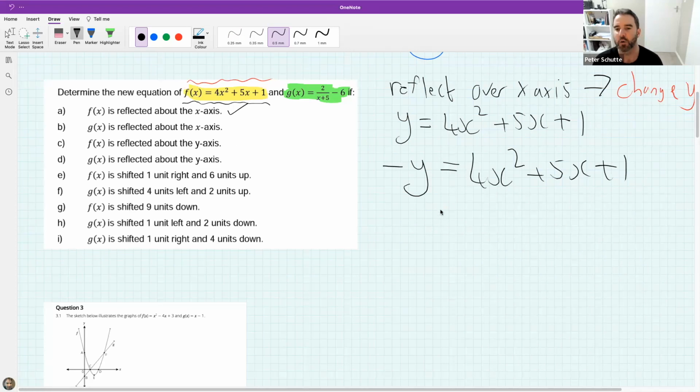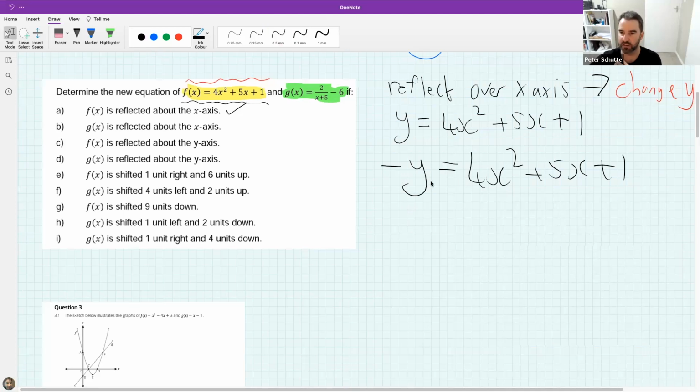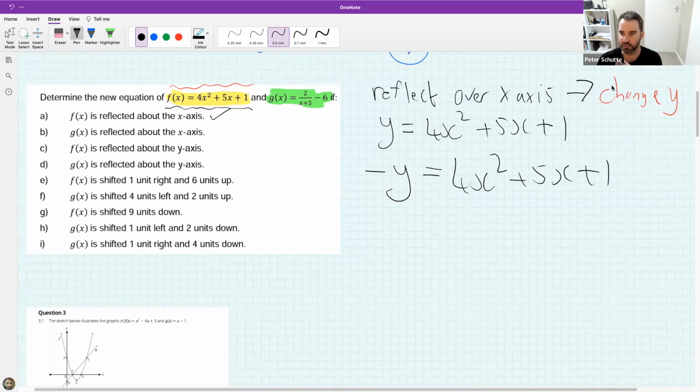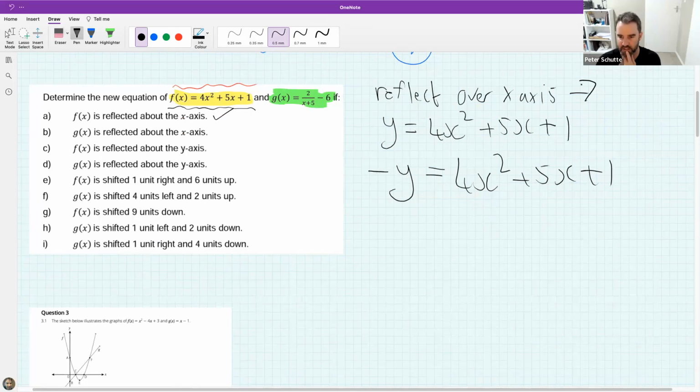But what do we have to do now that we've changed the sign in front of the y in order to get the final graph in standard form? Who feels like they know? Tagavatso has given us the answer. You change the sign in front of the y if you want to reflect over the x-axis. But now to finish this, what do I need to do?